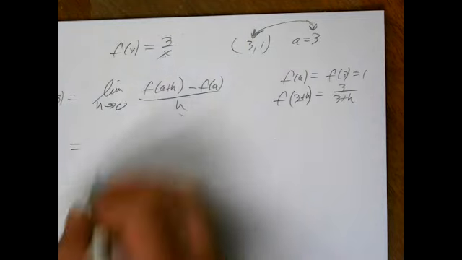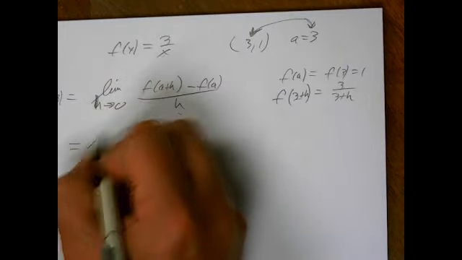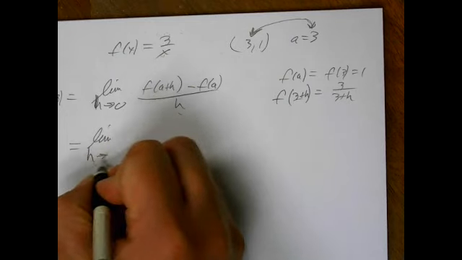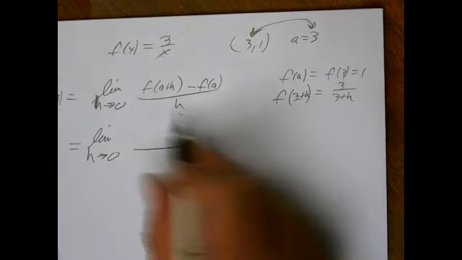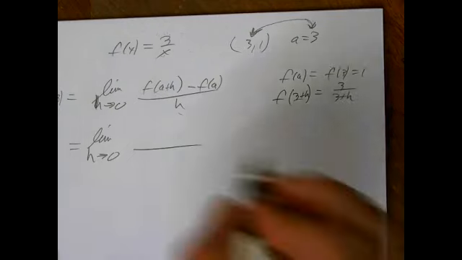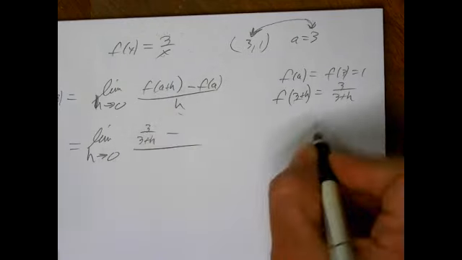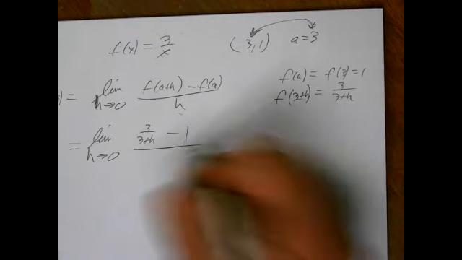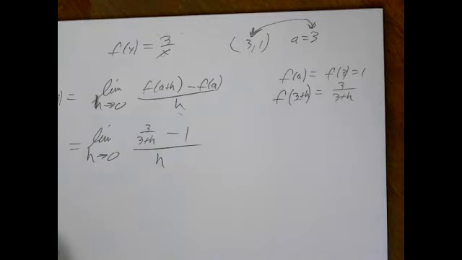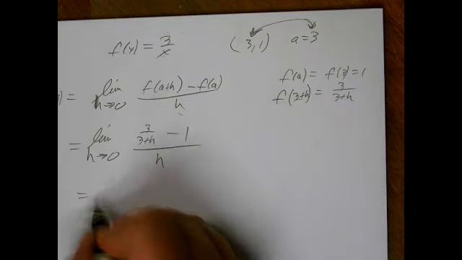Therefore, this will be equal to the limit as h approaches 0 of f of a plus h, which is the 3 over the 3 plus h, minus the f of a, which is the 1, and it's all over h. What I'm going to do is get a common denominator here.